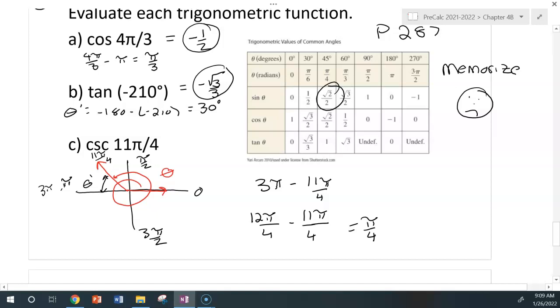So I'm going to take that root 2 over 2, and I'm going to flip it over. I'm going to get 2 over root 2. Now we cannot have a square root in the denominator, so rationalize. And I get 2 root 2 over 2. Those 2's cancel. So my answer for this one is going to be square root of 2.